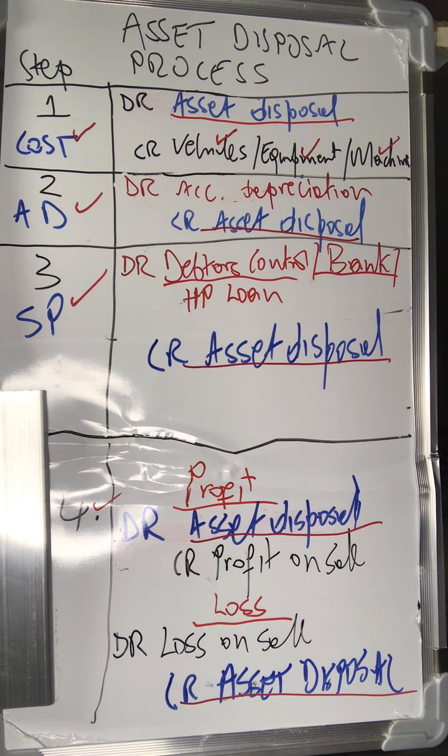The only hectic or difficult step of this process is step number 2, whereby you have to determine the accumulated depreciation of that particular asset. But for example, we have 3 scenarios. If that asset is sold at the beginning of the year, that's easy.